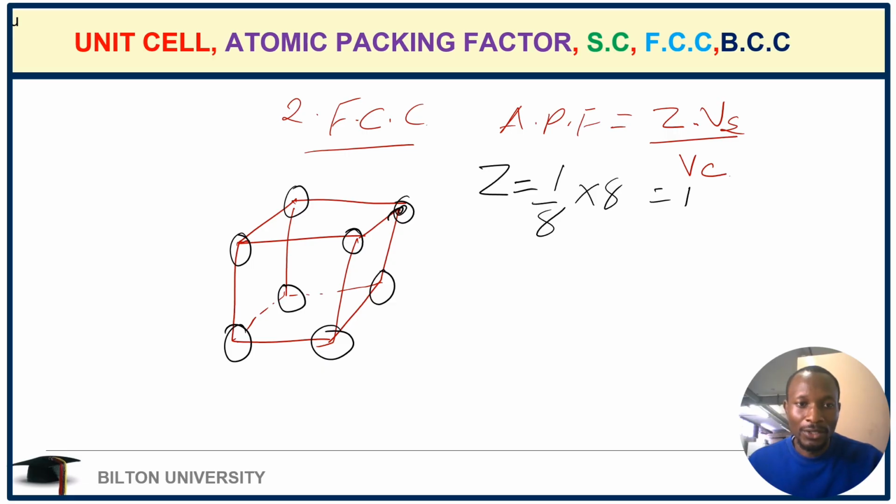So I'll use this ink to give the number of atoms present on each face. So this one is the atom at the face facing down, and this one here is the face facing the front, and this one is the one on the left, and this one is the one on the right, and this one is the one facing up, okay, and this one here is the one behind.